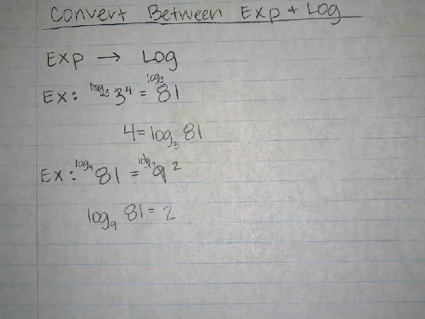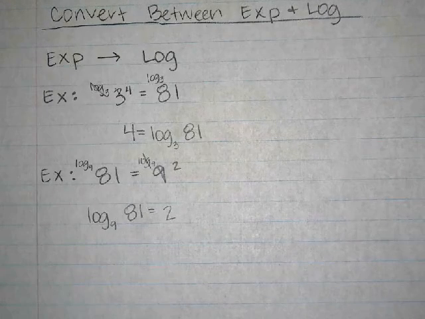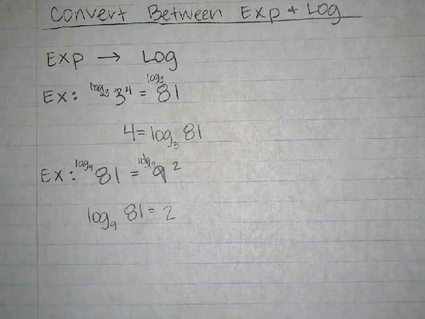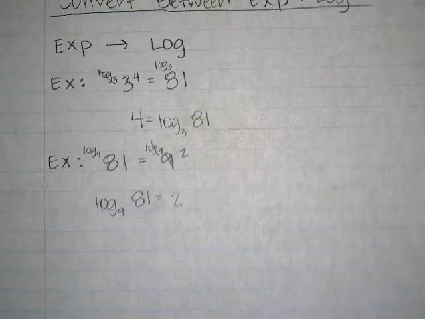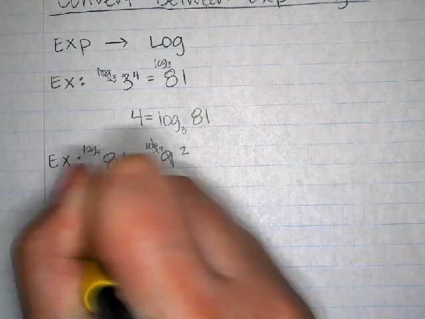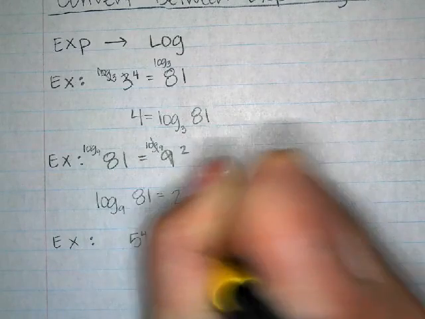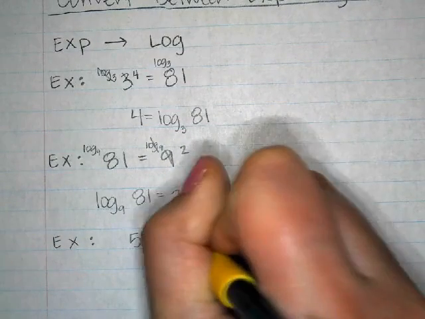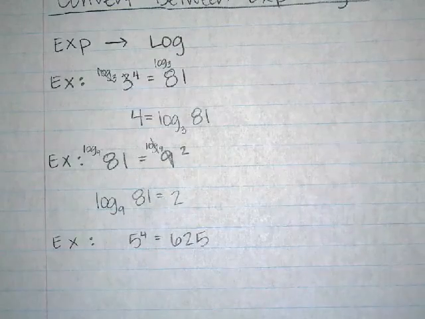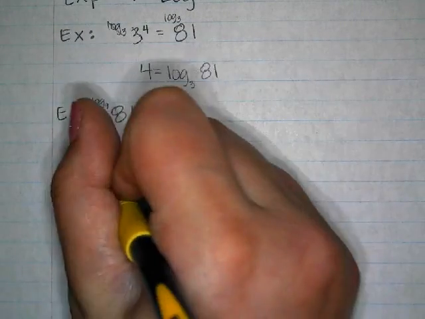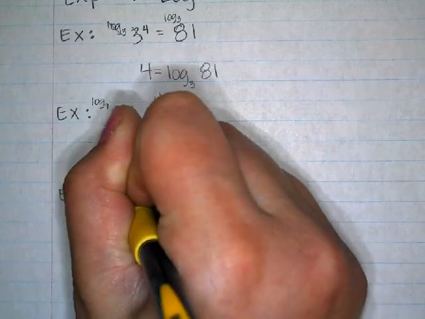All right, somebody give me an exponential fact that's off of your chart. Somebody tell me something that's true. Okay, so we have 5 to the 4th equals 625. So what log am I going to use? Log base 5. So I'm going to do log base 5 on the left side and log base 5 on the right side.